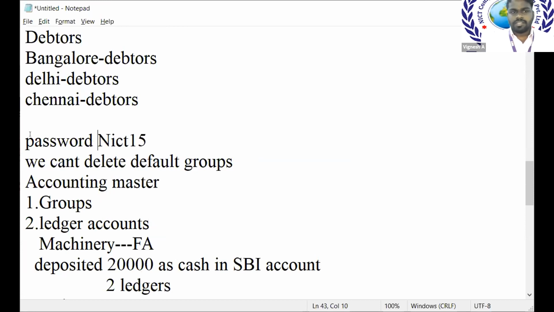I'm repeating the instruction again. Please install the NICT application. The login ID for you all will be your phone numbers, and this will be the password for everybody.